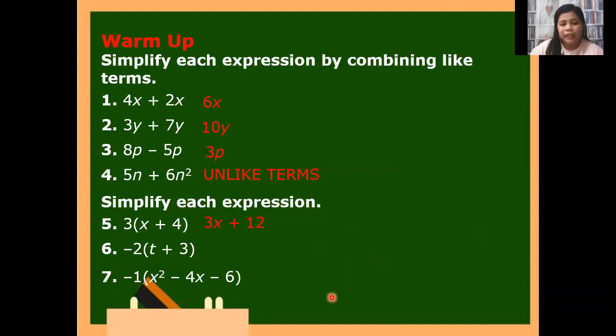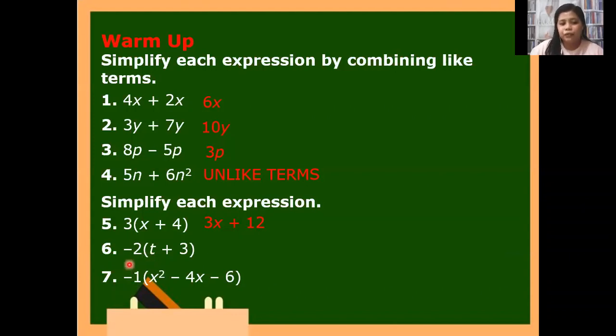Next is the same idea with example number 5. All we have to do is to distribute our first term, which is negative 2. As you can see, we have the negative sign, so when we are distributing it, we need to include the negative sign. Negative 2 multiplied by positive t, the answer will be negative 2t.